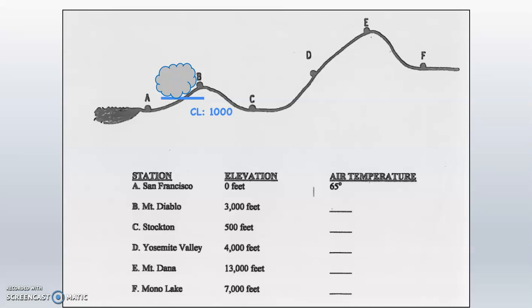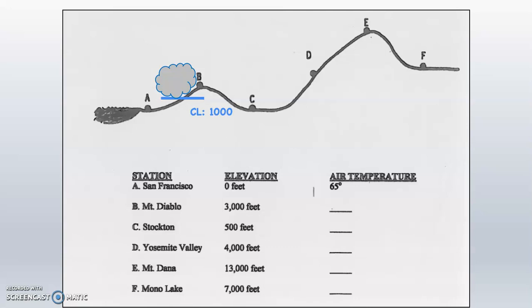Okay, so we're going to switch rates there. Then the air is going to descend from B, which is Mount Diablo, down to Stockton at 500 feet. Now look, you're going from 3,000 down to 500 feet. How many thousands of feet are you going down? 2,500, which means you're going to multiply whatever rate you're going to choose here, as we're going to see in a minute, by 2.5, representing 2,500 feet.